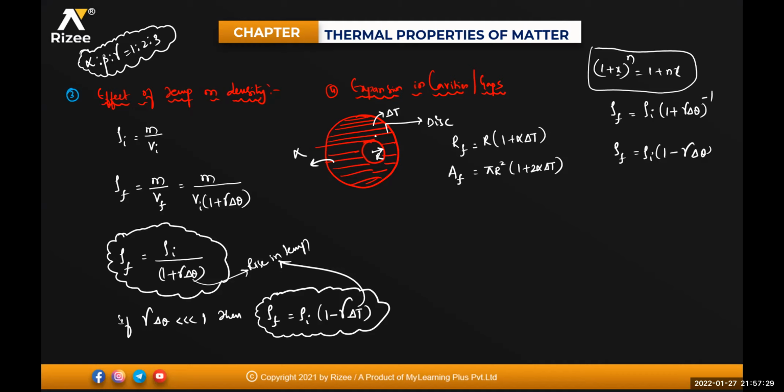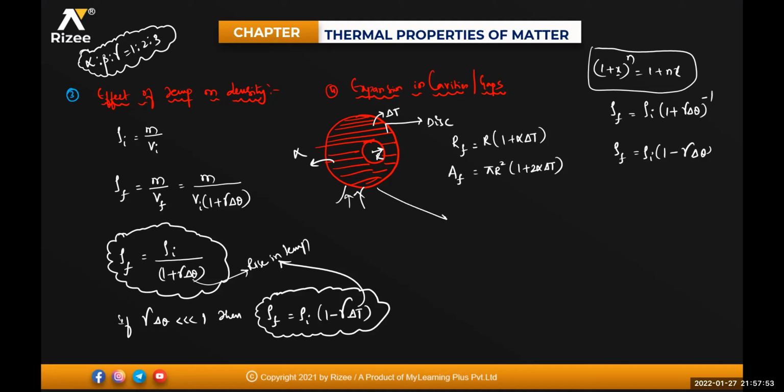If I'm considering this body as a disk, then when you're heating it to a certain temperature, the final radius is given by the formula initial radius R into 1 plus alpha into delta T. If there is an increase in the area, then A final will be equal to your initial area, pi R square, into 1 plus 2 alpha into delta T. Actually, we'll be writing here beta.